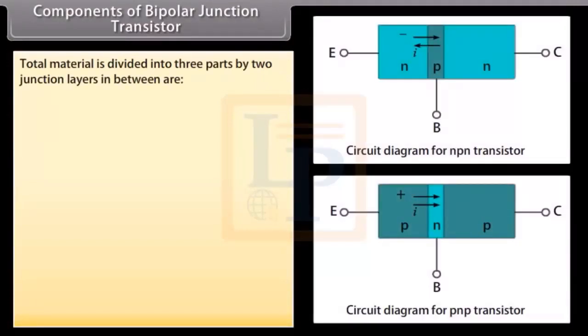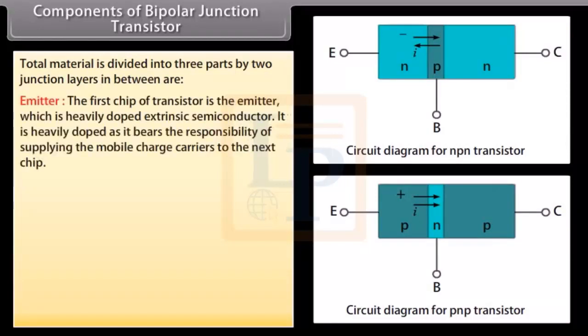Components of a bipolar junction transistor. The total material is divided into three parts by two junction layers in between. The first chip of the transistor is the emitter, which is a heavily doped extrinsic semiconductor.